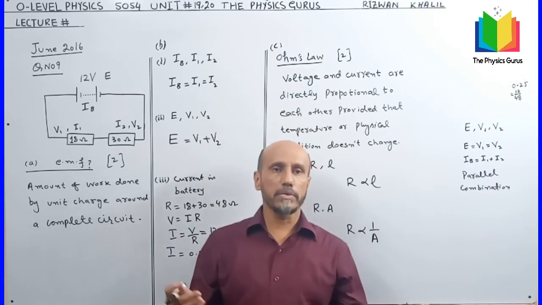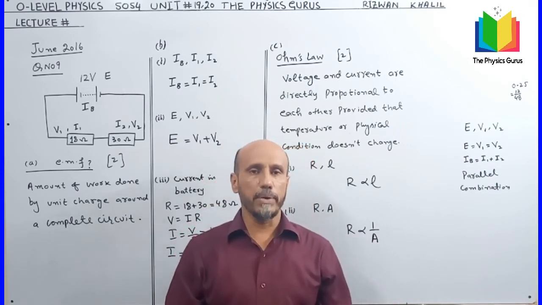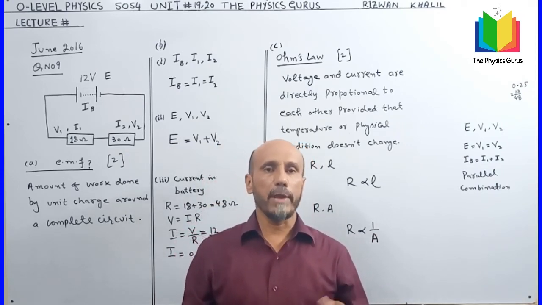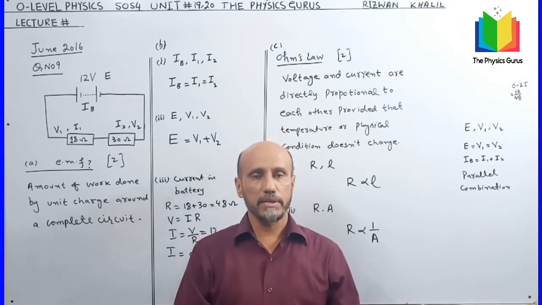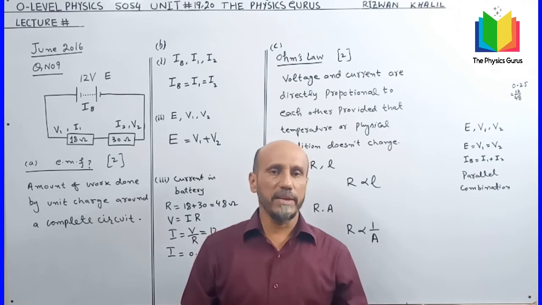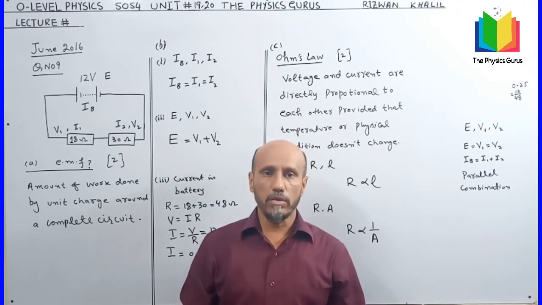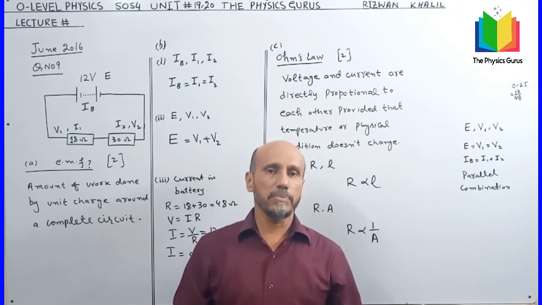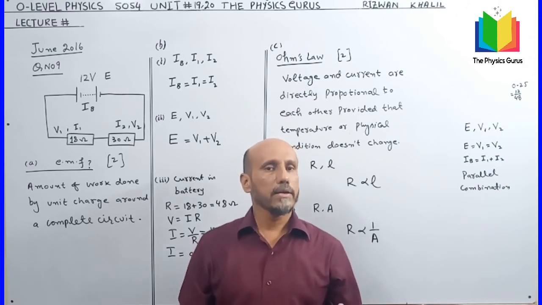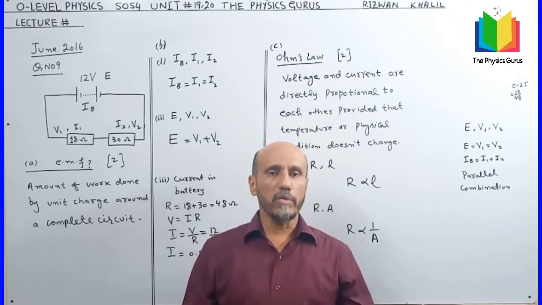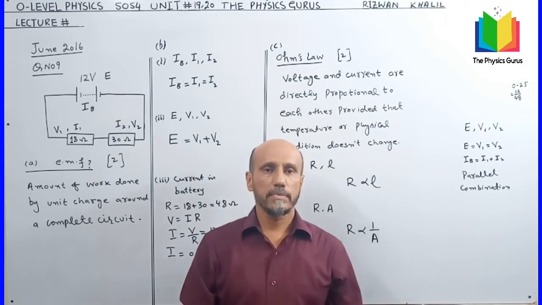I hope that in this example you have applied the concept of series combination of resistors along with the definition of EMF, the statement of Ohm's law, and the relation between resistance and length as well as resistance and cross-sectional area. So now we will proceed towards the next question.